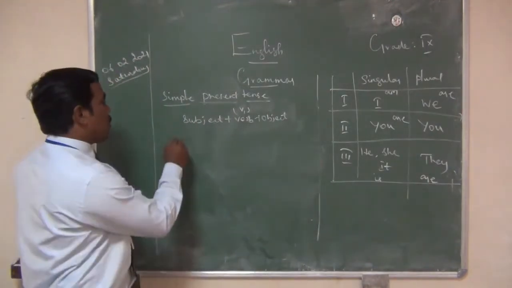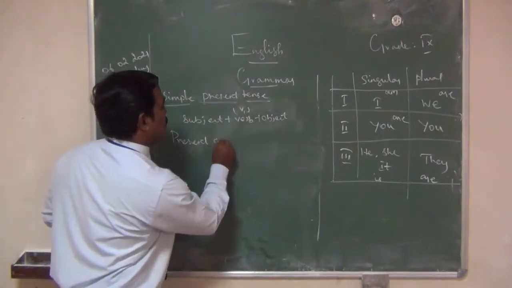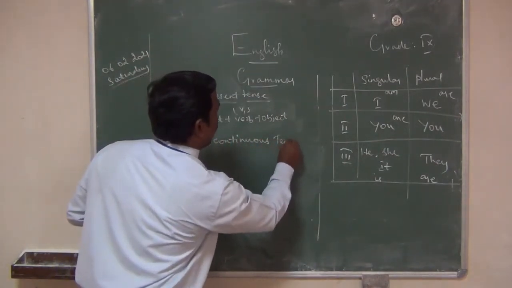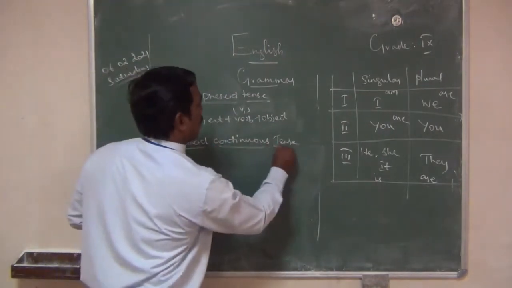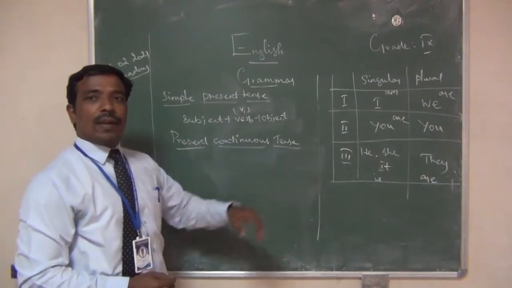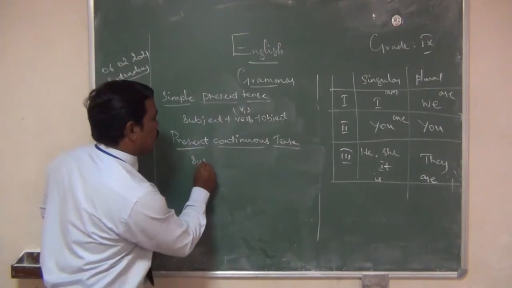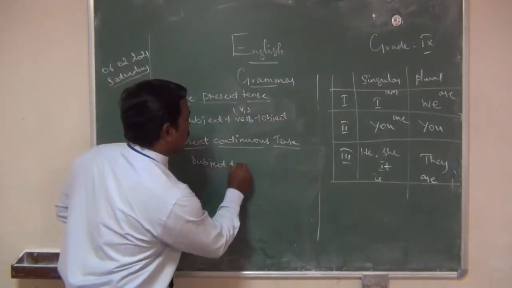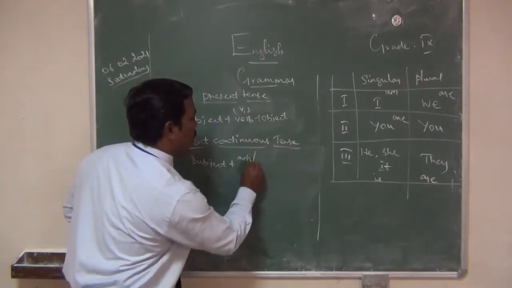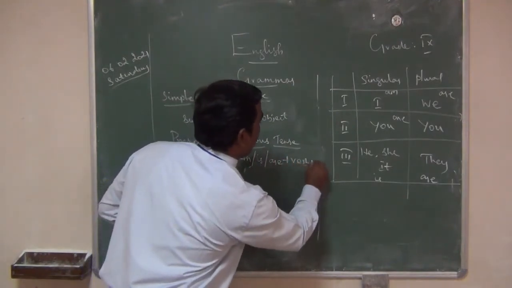What is the structure of present continuous tense? How will the present continuous tense come? If it is third person singular, I already said to add S or ES to the verb. The structure of present continuous tense is subject plus am, is or are plus verb plus ing.